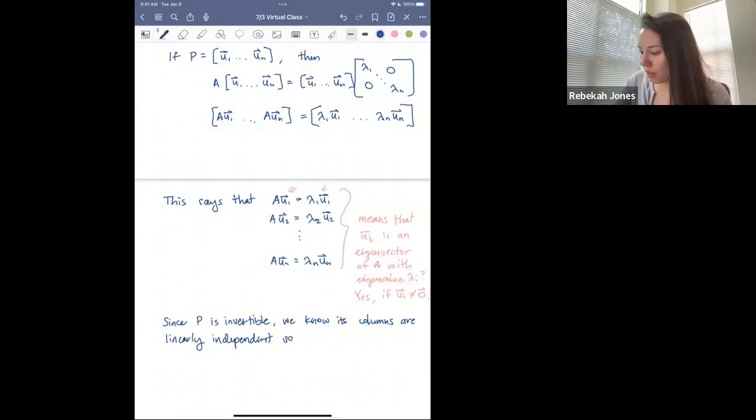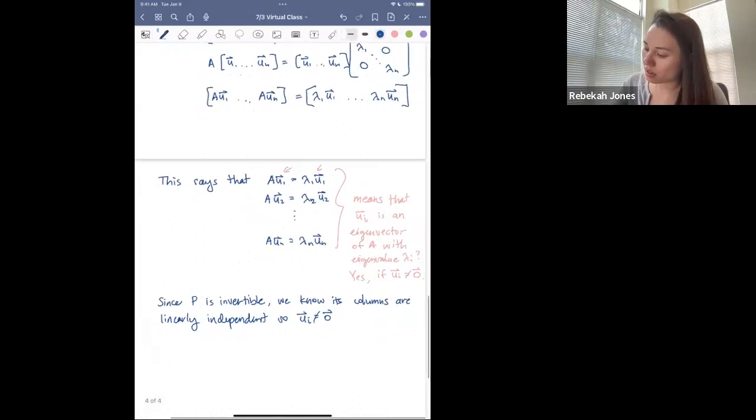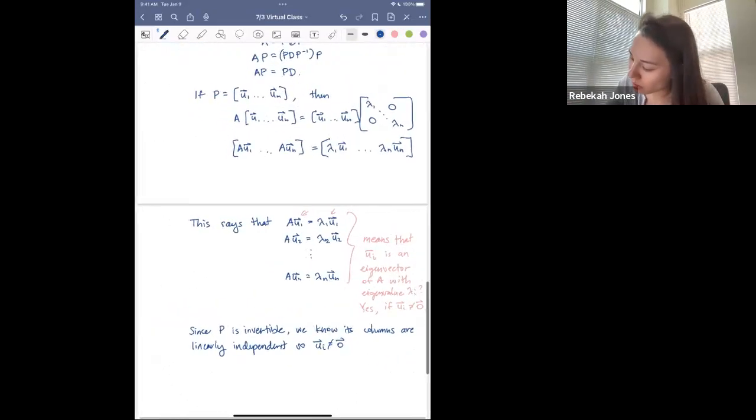What that means is that none of these can be the zero vector, because anytime we include the zero vector in a list of vectors, it makes the entire thing linearly dependent. So u_i does not equal the zero vector for each i from 1 to n.